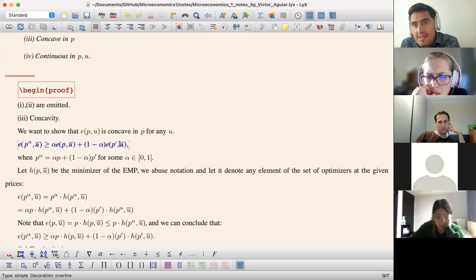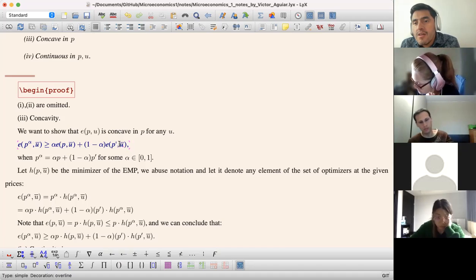Now, who remembers concavity of a function using derivatives? Concavity can be detected using second order conditions. So for a scalar function that is concave, what happens with the second derivative? Take an example: what is a classical concave function? The square root of x, right?